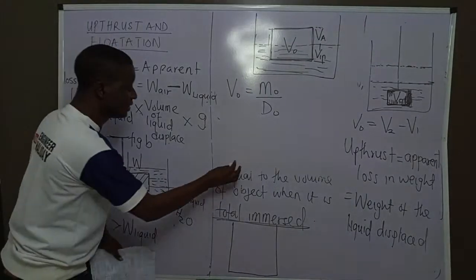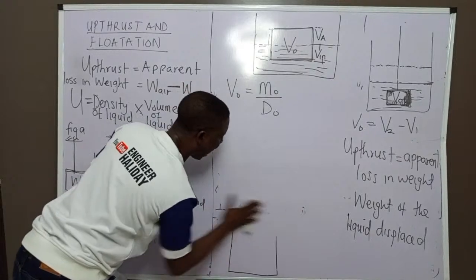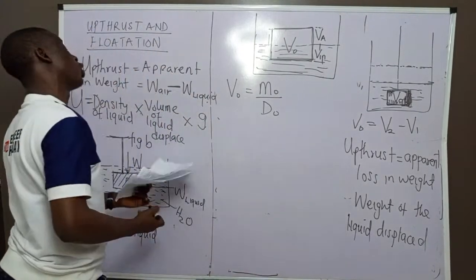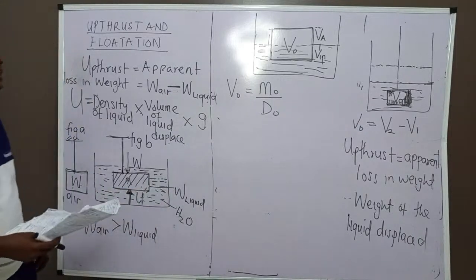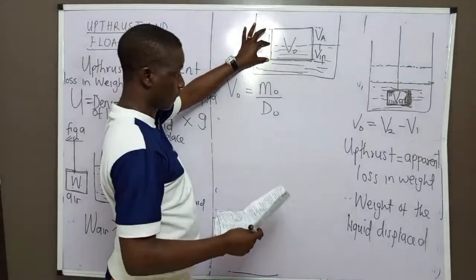Now, having known that, how do we know the volume of the liquid displaced? I just told you that the volume of the liquid displaced is that volume that is in water.